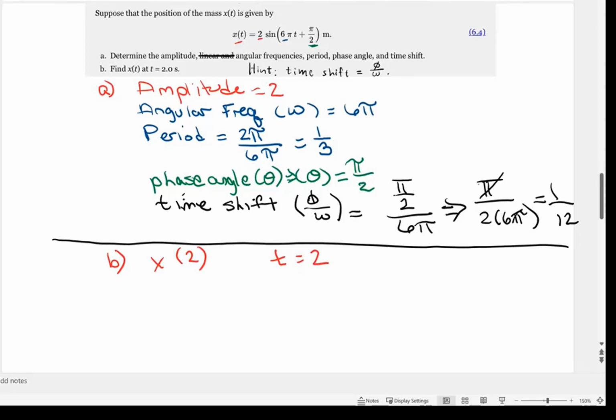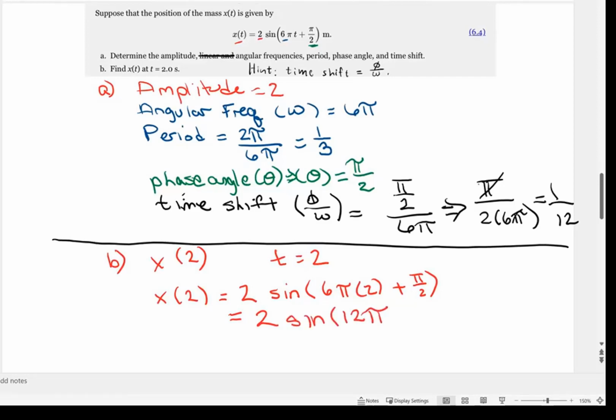And I have the whole equation, so I can just say x of 2 is equal to 2 times the sine of 6 pi times 2 plus pi over 2. So this is 2 times the sine of 12 pi plus pi over 2.